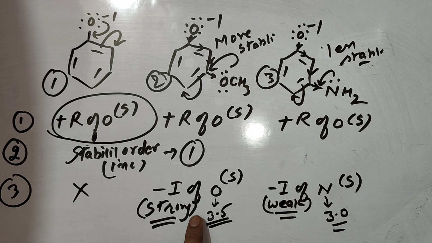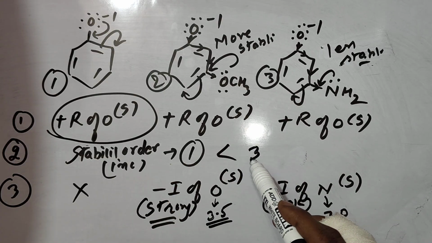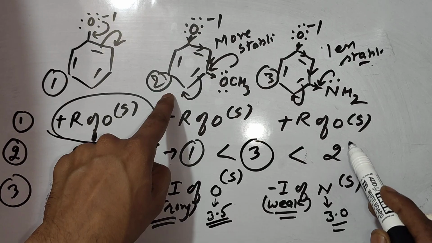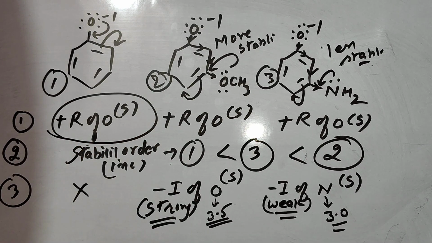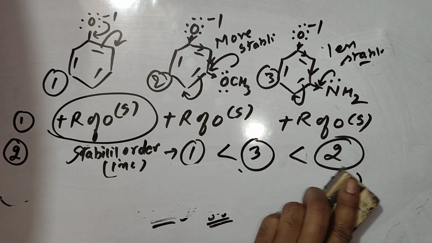But this one is more stable because here the second factor is stronger as compared to the second factor of this case, minus I effect. Means 3 is more stable than 1 and 2 is the most stable anion.